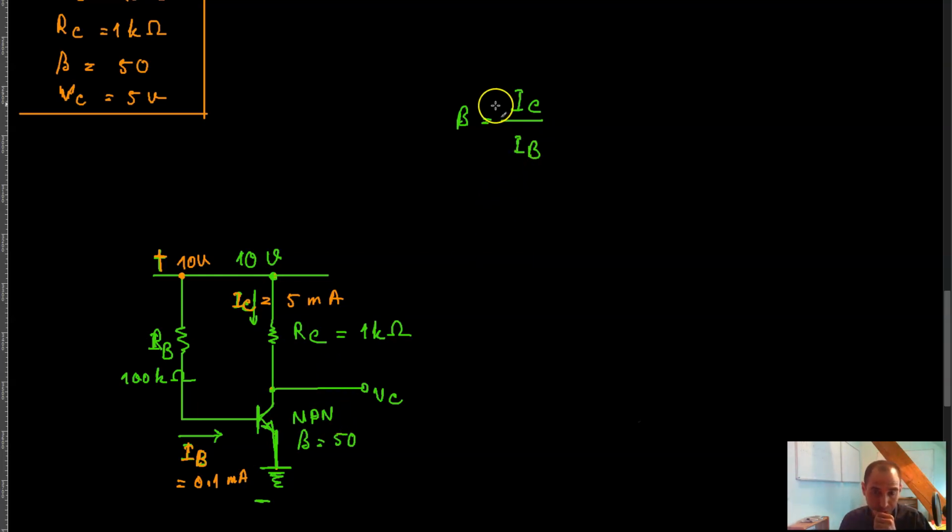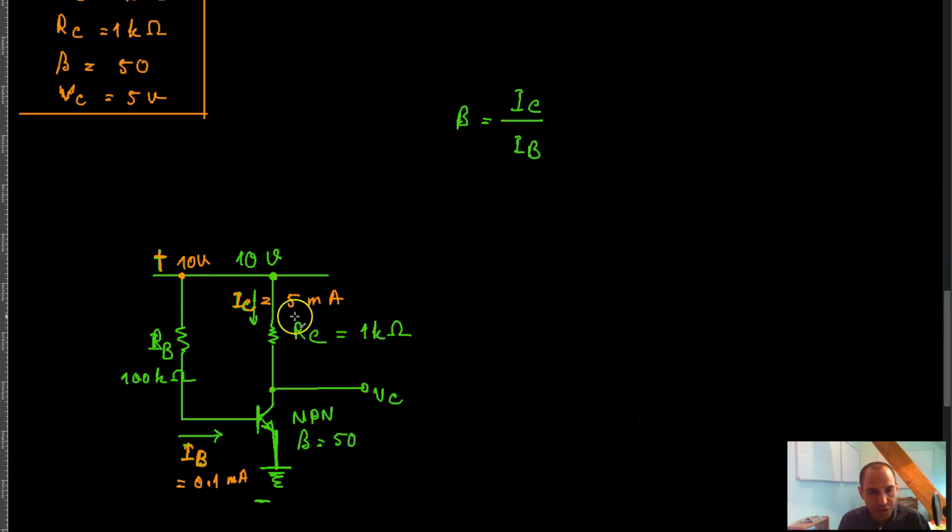When beta is equal to 50, the collector current is always 50 times the base current. When your beta is equal to 75, your collector current is always 75 times the base current, meaning that you will always have a greater collector current depending on your base current.